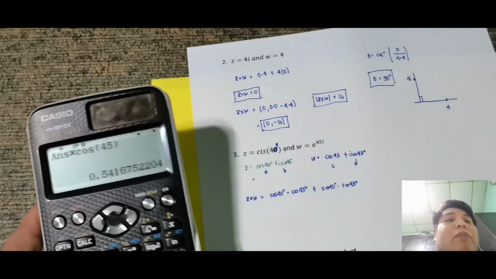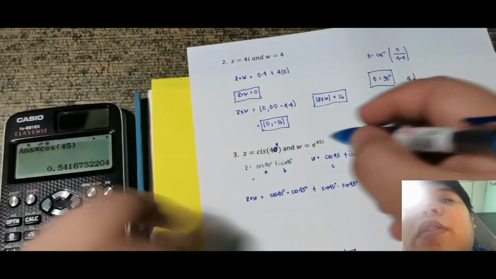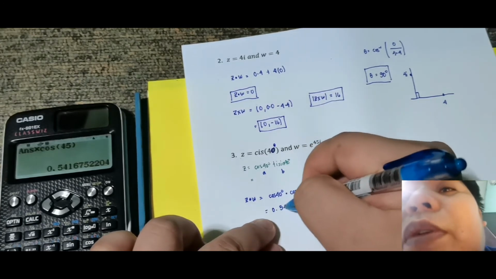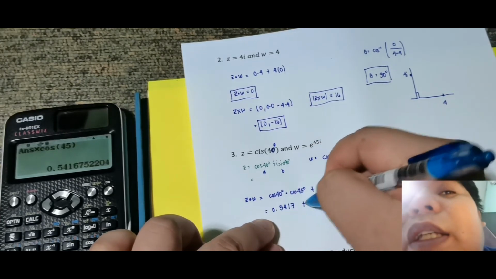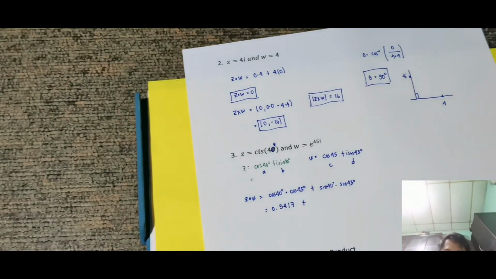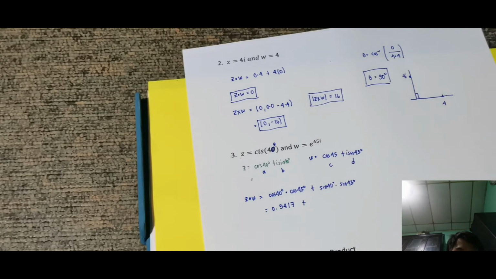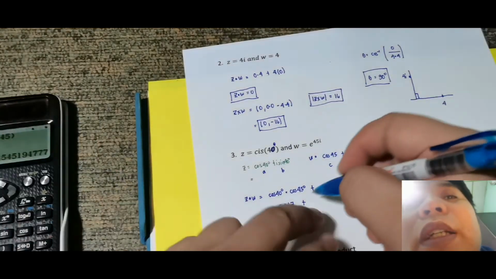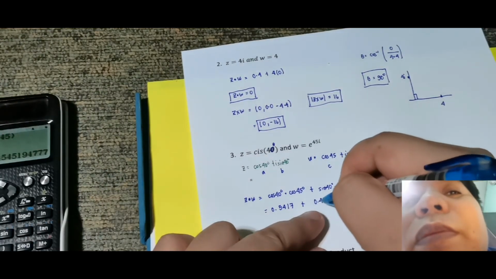Baka mali lang talaga ako na input kanina. That is equal sa 0.5417 for four decimal places. Then times sine 40 degrees times sine 45 degrees. Okay, that's 0.4545. So that's plus 0.4545.